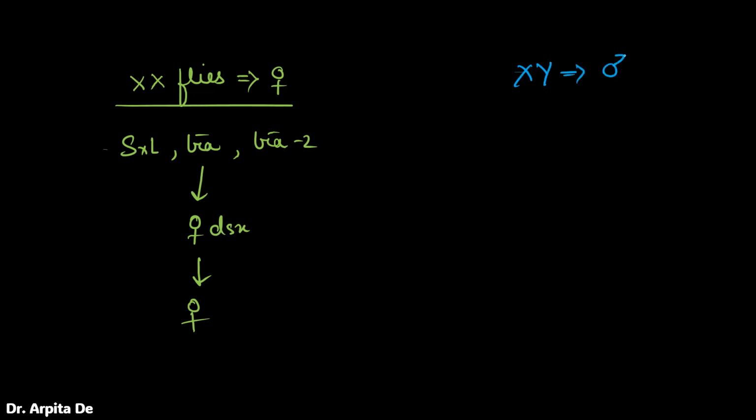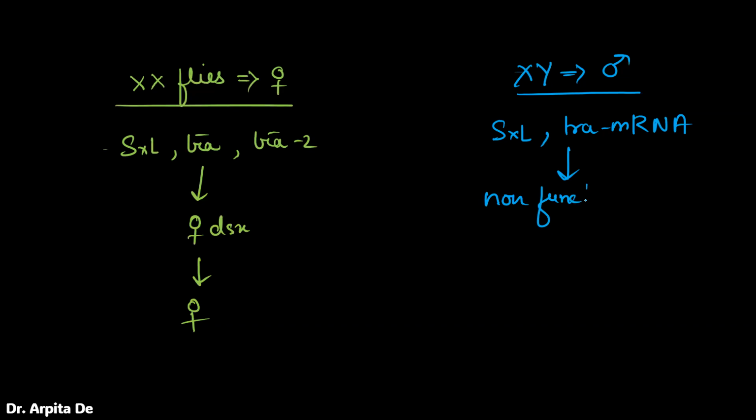Now for this one, XY means what? Male. SXL pre-mRNA will give a non-functional protein. A non-functional protein means what? A male.